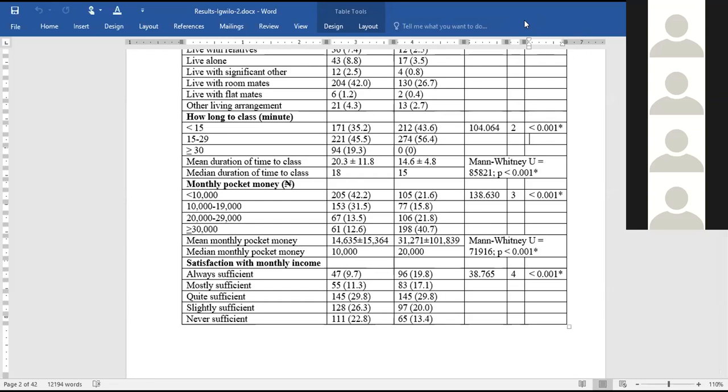Yes, sir, I have a question. Okay, go on. It is concerning the degree of freedom. I can see this table is a 2 by something, satisfaction with monthly income, and we have two categories, maybe public or private.